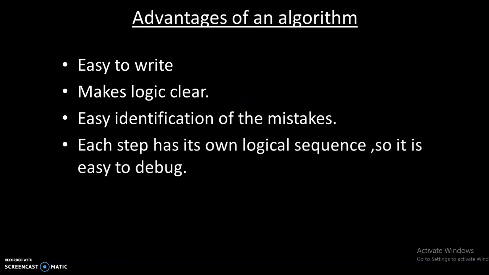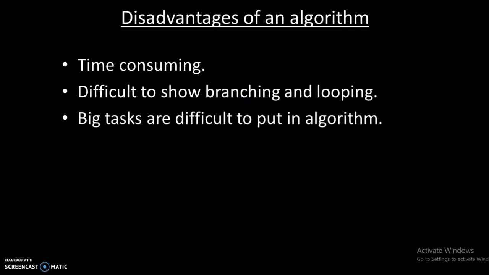Each step has its own logical sequence, so it is easy to debug. So finally, the disadvantages of an algorithm. First, it is time consuming, and it is difficult to show branching and looping. Then big tasks are difficult to put into an algorithm.